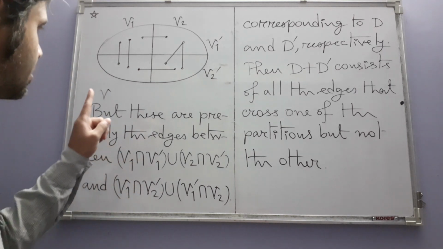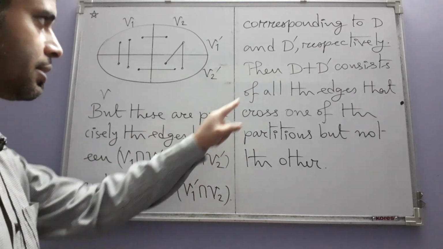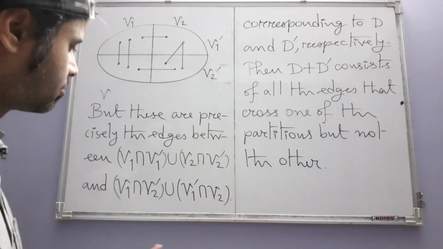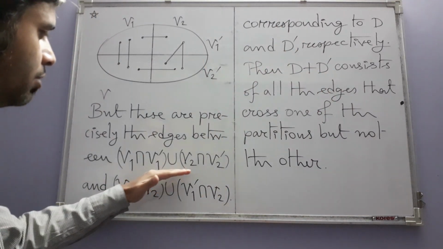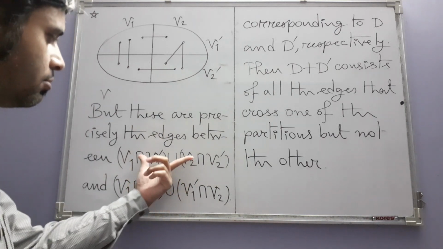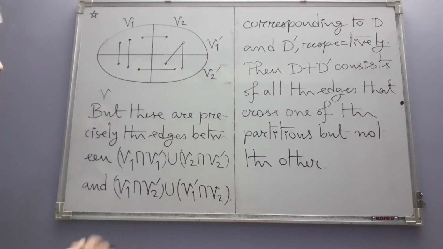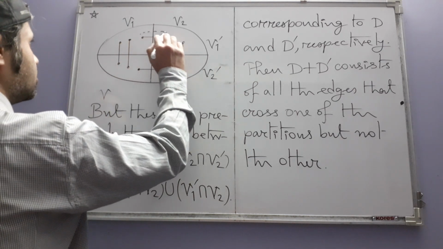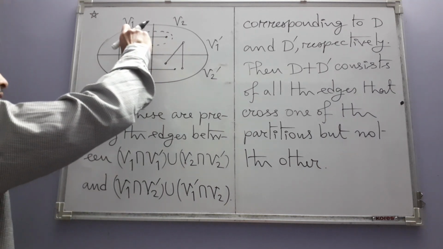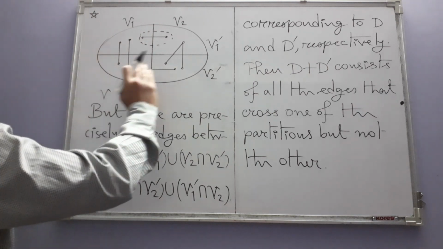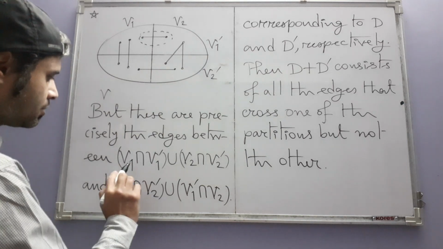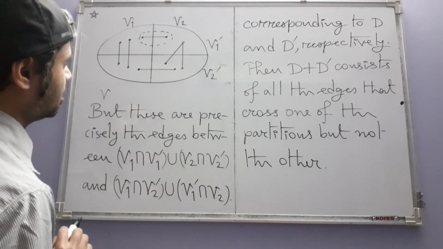So what we are saying is that all the edges that we will come across in D and D prime considered together, from among them we will leave only those that are between these two vertex sets. Let us consider this edge, for example. One end lies in V1 because it's on this side, as well as V1 prime because it's above this horizontal line. So it belongs to V1 intersection V1 prime.